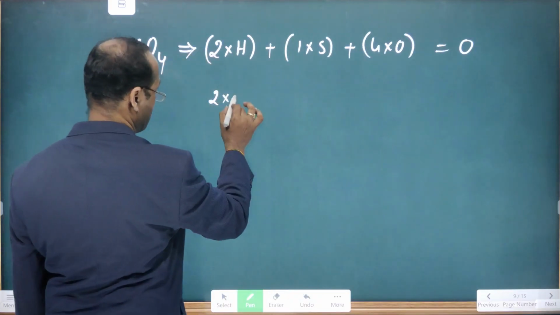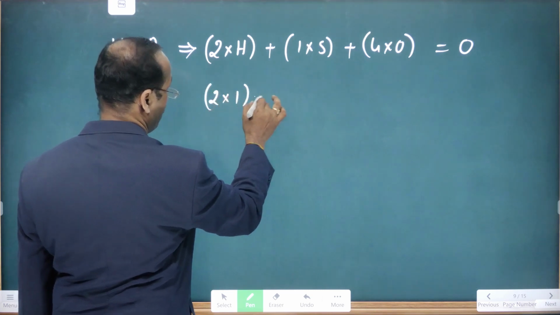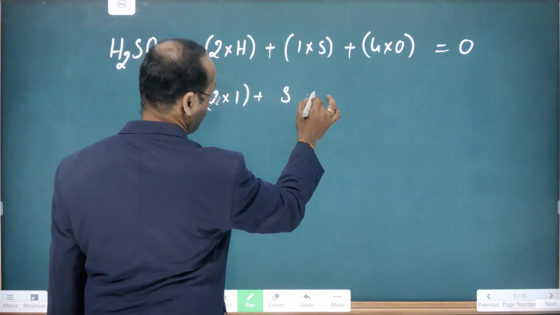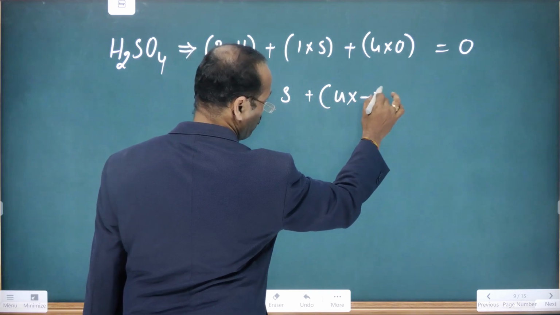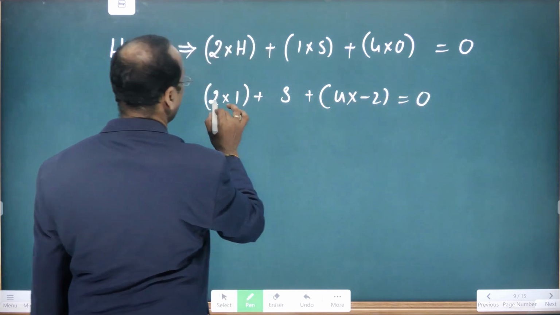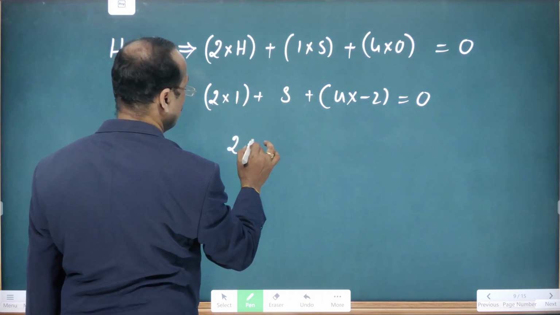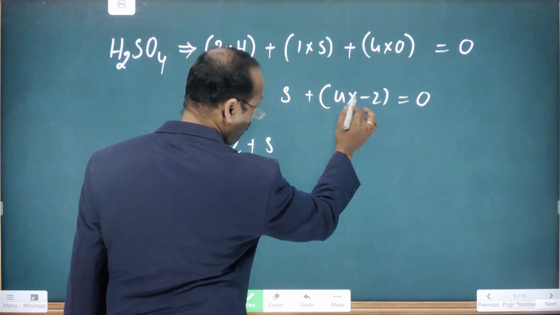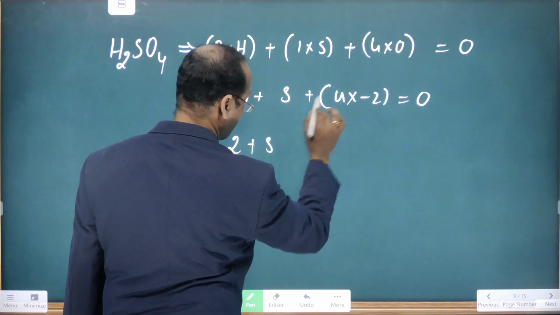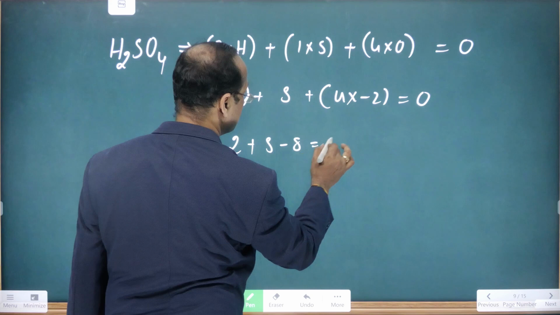So hydrogen is plus 1. So I am writing just 1. Plus 1 into sulfur is sulfur. Plus 4 into oxygen. The oxidation number is what? Minus 2, is equal to 0. Now 2 into 1, 2, plus S, plus here 4 into minus 2. 4 into minus 2 is minus 8. So minus 8 is equal to 0.